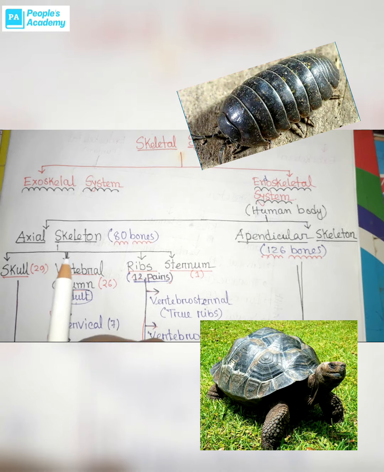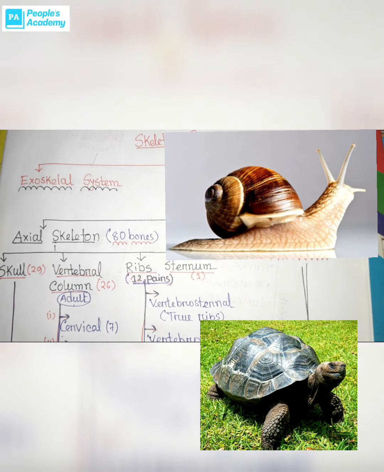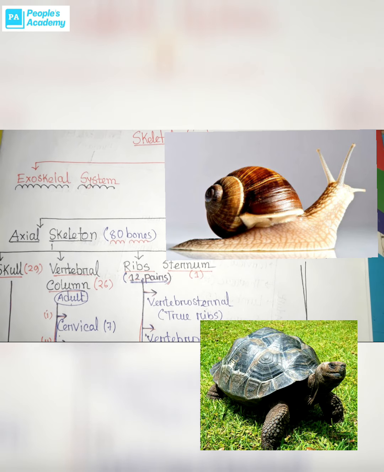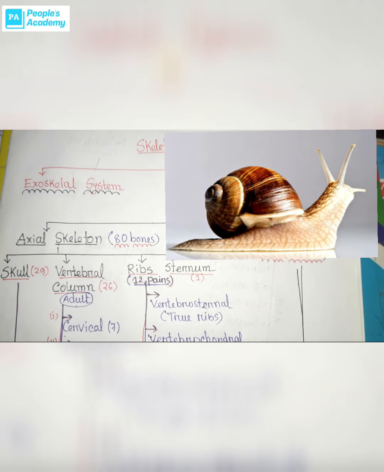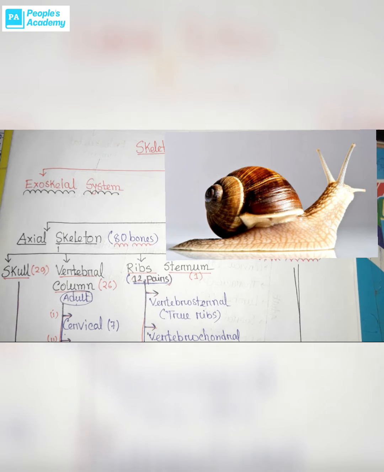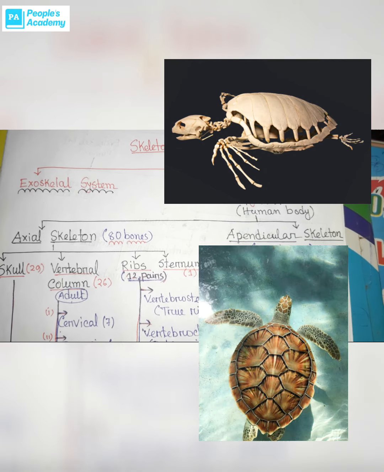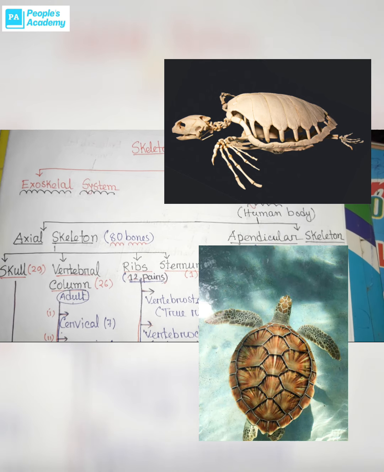An exoskeleton is the external skeleton that supports and protects the animal body, in contrast to the endoskeleton. For example, you can see in the picture the shell in snails. Remember, guys, the turtle has both endo and exoskeleton.